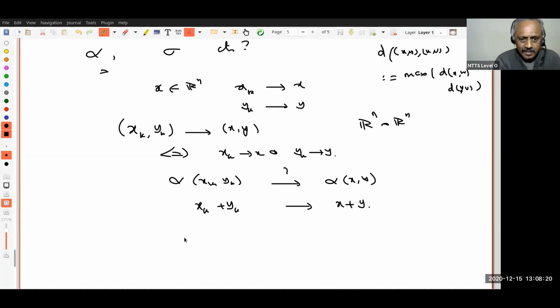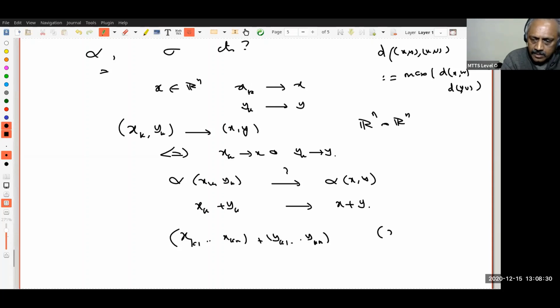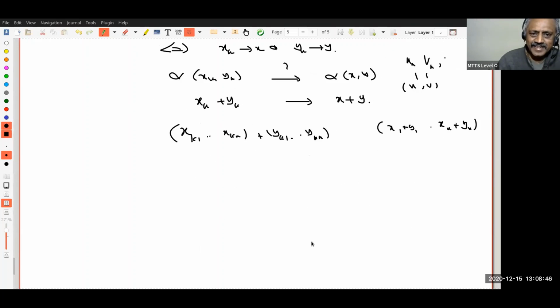Because remember, if I write this as xk1 to xkn plus yk1 to ykn, and similarly x1 plus y1 and so on, this is not the same one as xk, yk. That's why I should have chosen, like last time, a different notation. Okay, do you mind it? Anyway, this x1, x2 should not be confused with this. I'm sorry for the goofing.